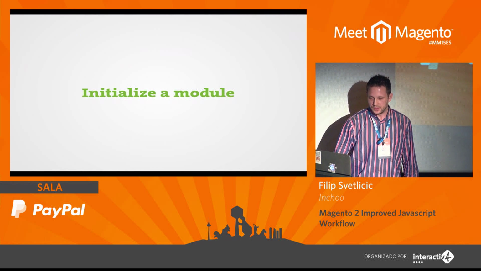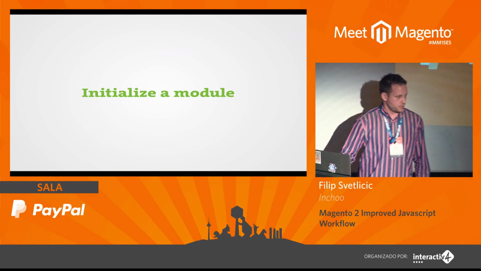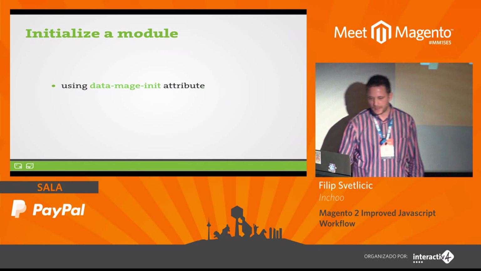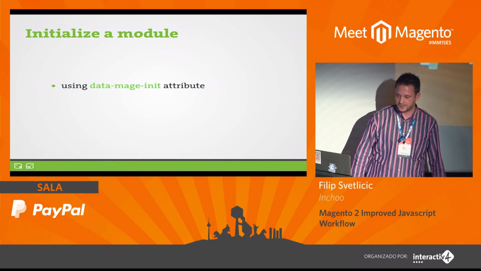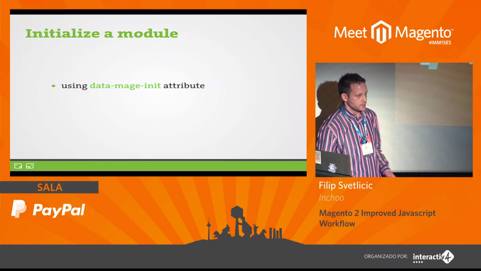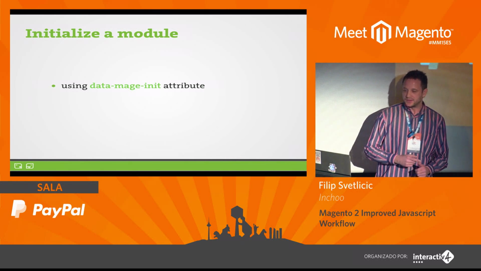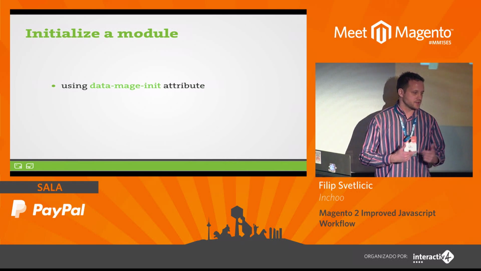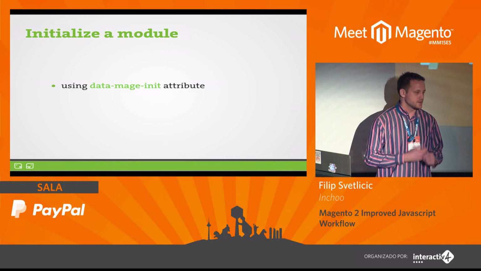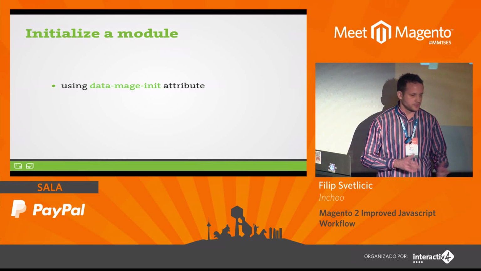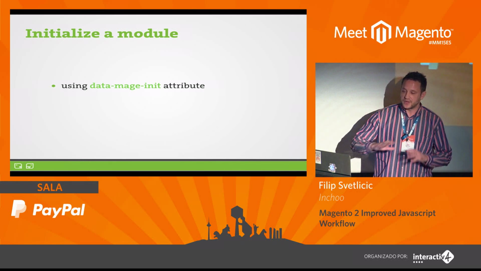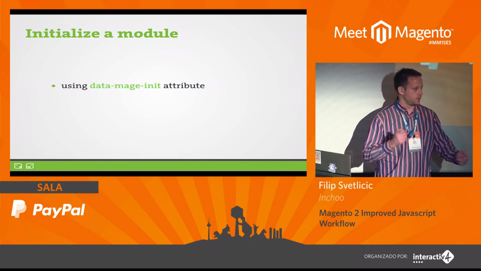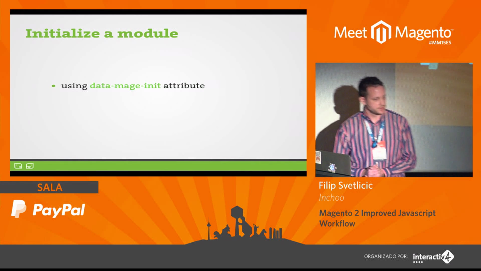Now, we need to initialize it so Magento can recognize it, and there are two ways to do it. First is using the data-mage-init attribute. This is beneficial in cases where you want to load your JS file only when some interaction is achieved, if the element needs to be bound to something, for example, on a toggle or other things like we do it.